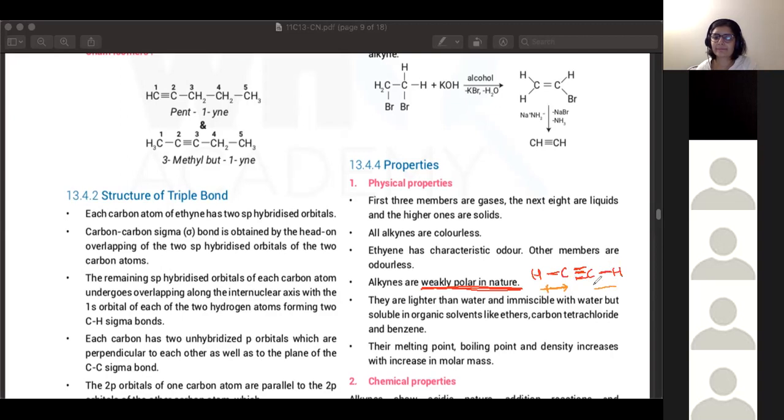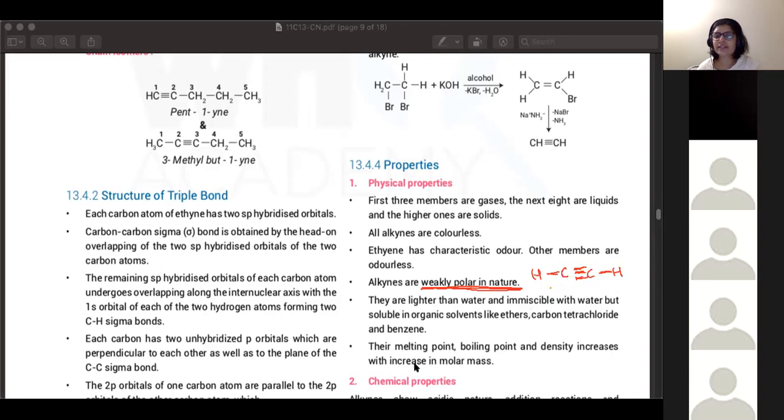I think it also should be towards the carbon, but then we contradict our point, because that means it balances out. So the weak polarity comes from the carbon-hydrogen bond itself, and just like alkenes, it also depends on the structure of this molecule.